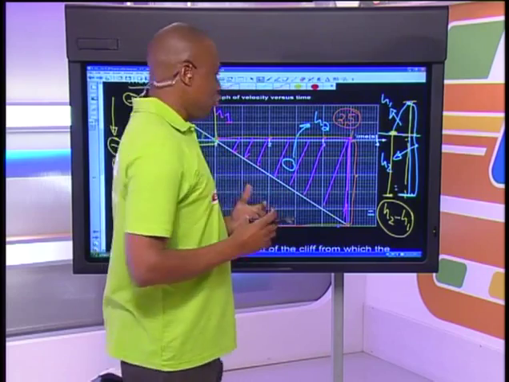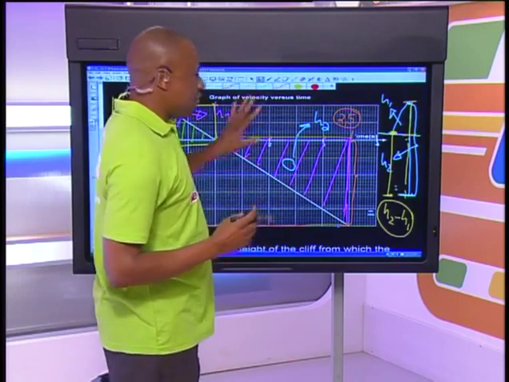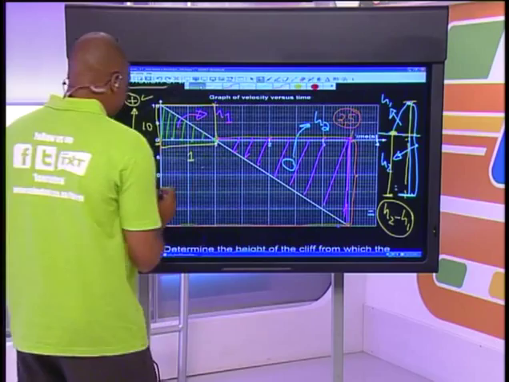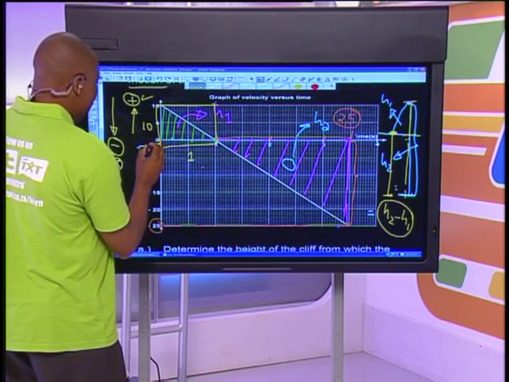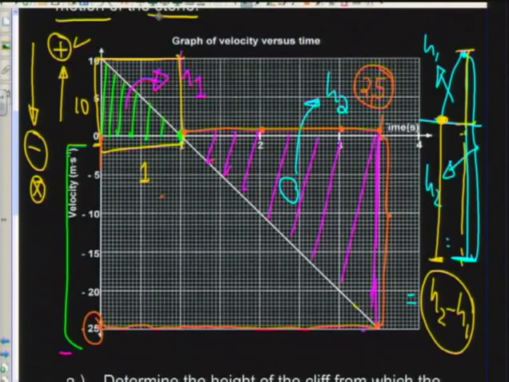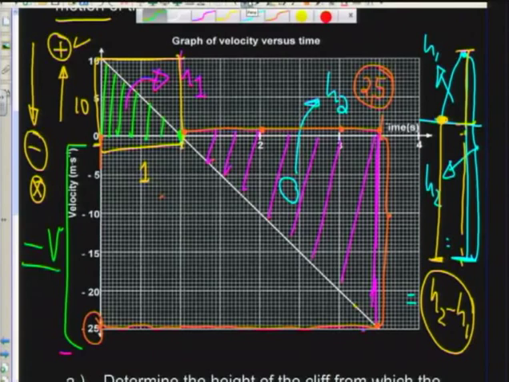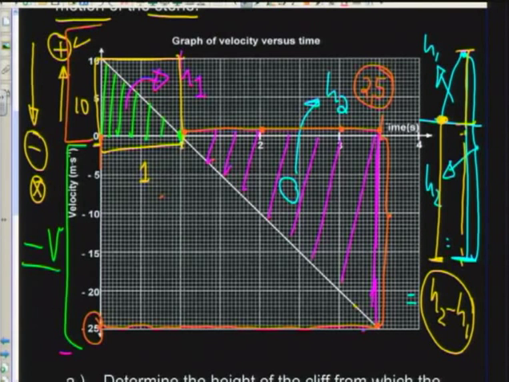Now, when you look at this graph, from this point downwards, this is your negative territory of your vertical axis. So this is where you've got your negative velocity. But from there upwards, you have got your positive territory of your velocity.